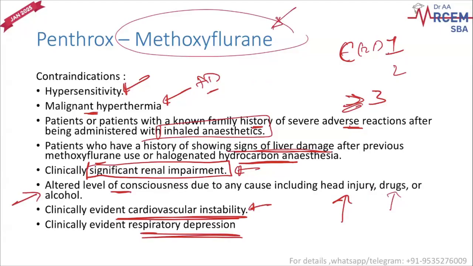If severe respiratory depression is present or he is hypoxic, do not give methoxyflurane. Hypoxia, hypotension, altered level of consciousness, significant renal impairment, signs of liver damage, any family history of allergies, or if he is allergic to it, or is a known case of malignant hyperthermia, do not give this drug. It is a contraindication.